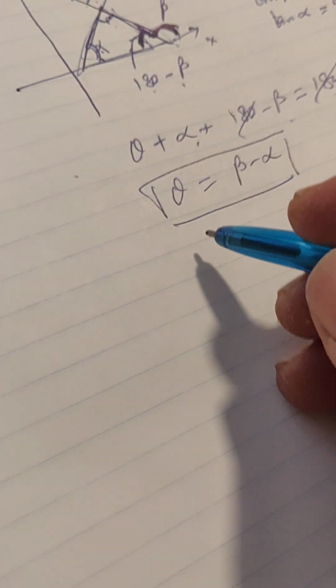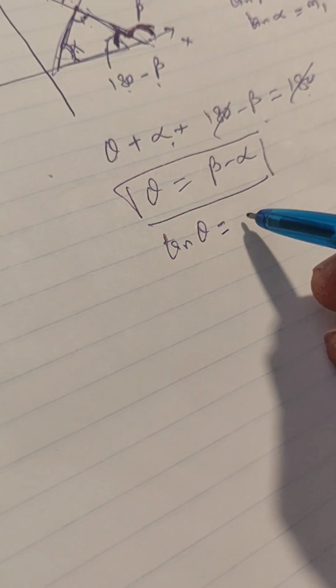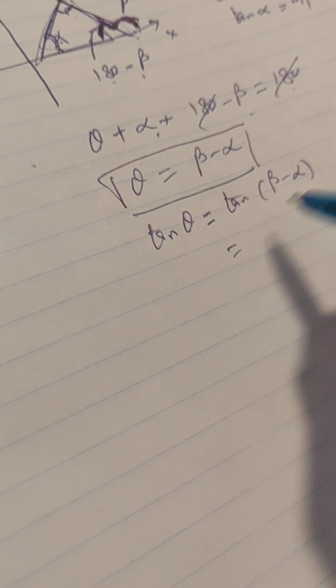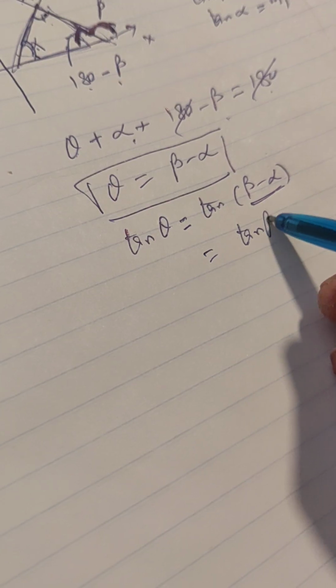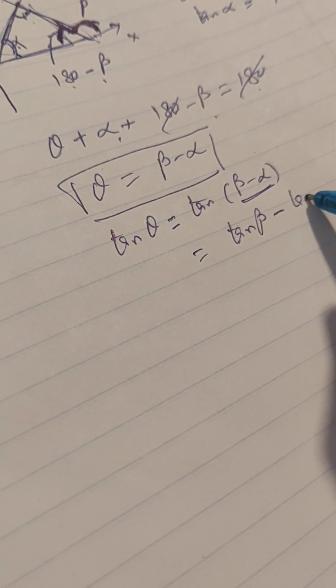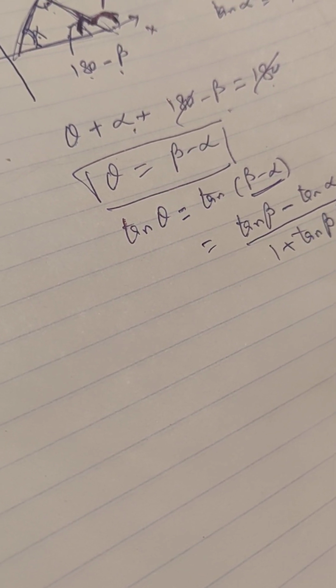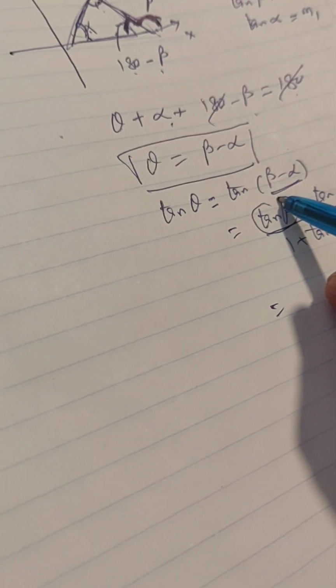So if I take tangent on both sides, tangent of theta is equal to tangent of beta minus alpha. As we know, tangent of beta minus alpha is nothing but tangent beta minus tangent alpha, whole divided by 1 plus tangent beta multiplied by tangent alpha, and tangent beta is nothing but m2.